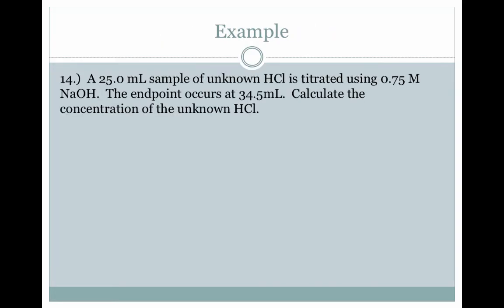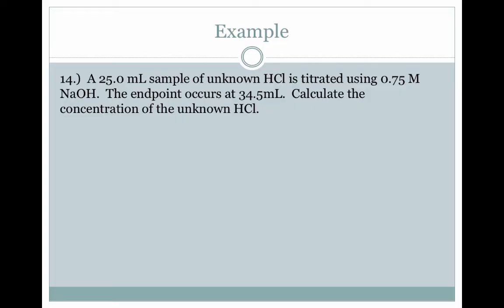Let's look at an example problem together. Here we're told that a 25 milliliter sample of unknown HCl is titrated using a 0.75 molar solution of NaOH. The endpoint occurs at 34.5 milliliters. We're asked to calculate the concentration of the unknown HCl. First, let's consider what's what here.